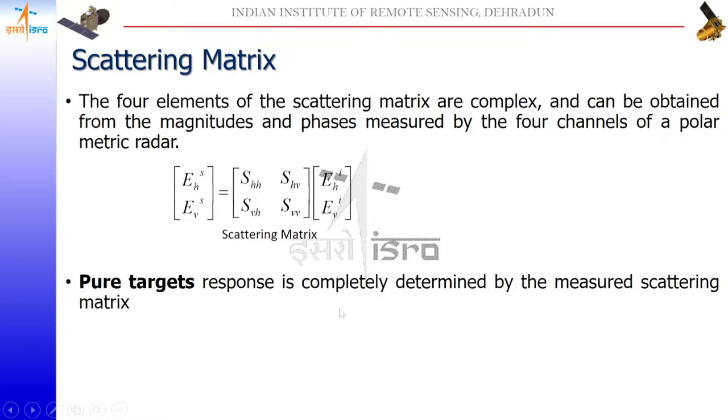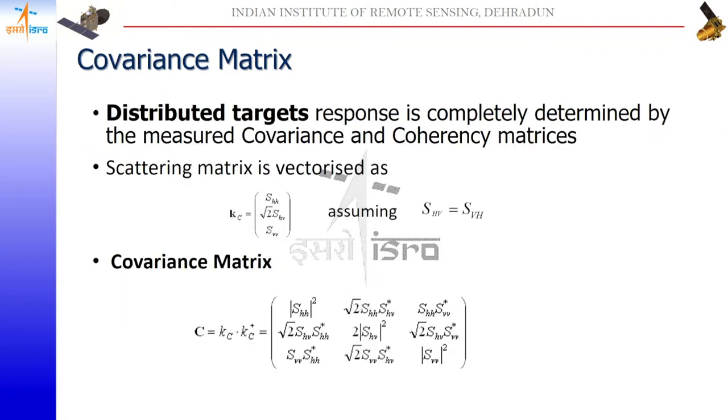If we are doing any application for the analysis of buildings and urban structures, then we can use the scattering matrix. Means if we are analyzing point targets, we can use this type of matrix for our polarimetric application.